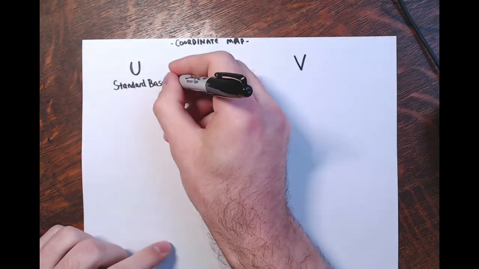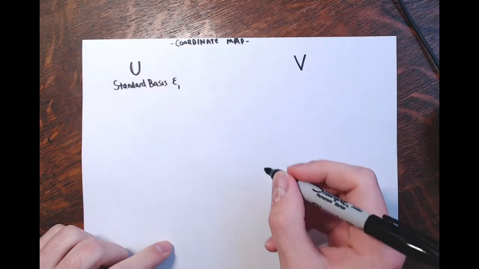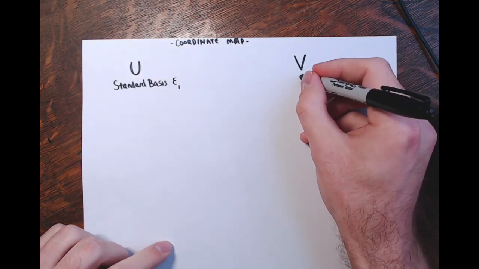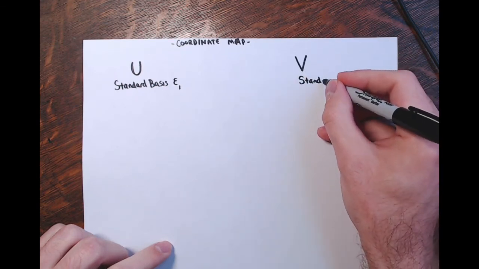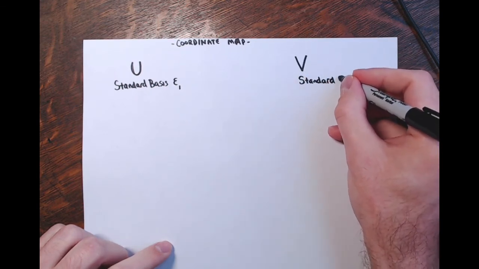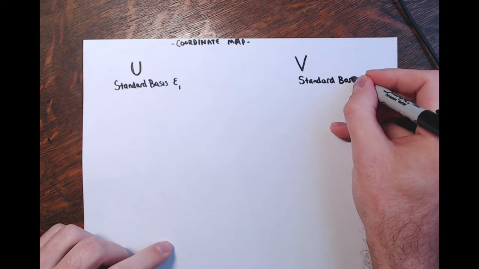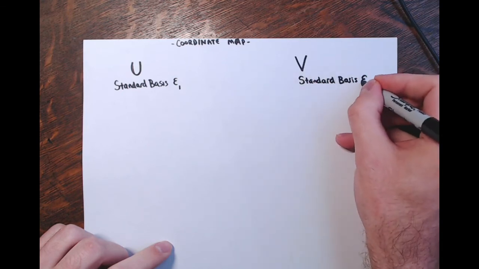So I'm going to say it's a standard basis, E1, and over here we'll look at vectors in V in terms of their coordinates relative to the standard basis for V. And let's call that E2.